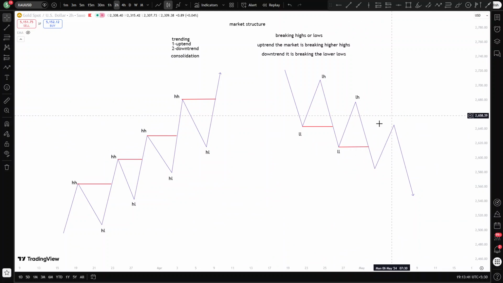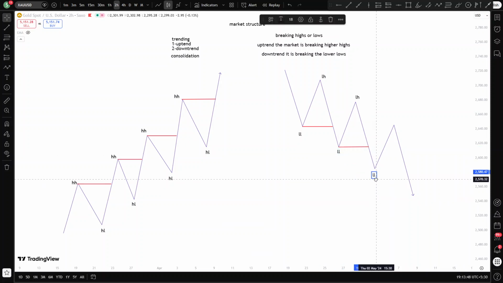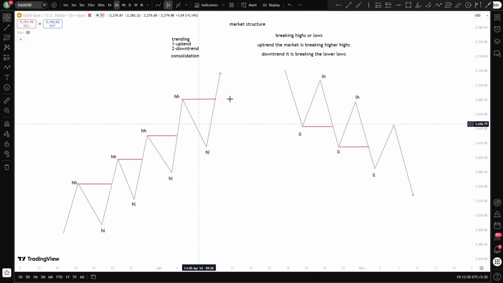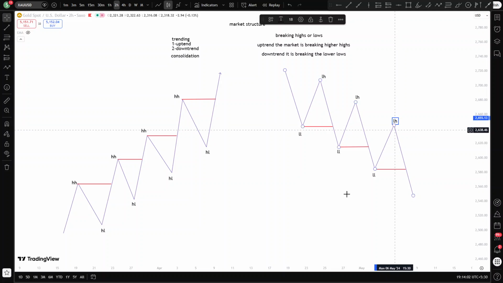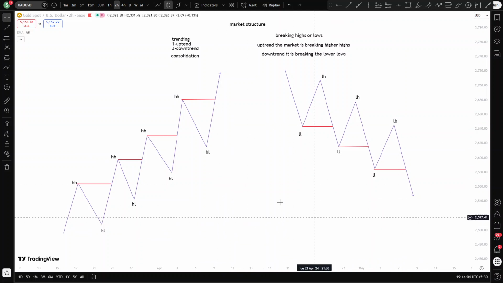Once the market gives us a pullback, we are also going to have another lower low. And for us to have the lower high, we have to wait for the market to give us a break of structure here. Once the market gives us a break of structure, we are now going to have ourselves a lower high. So this is how the market moves.